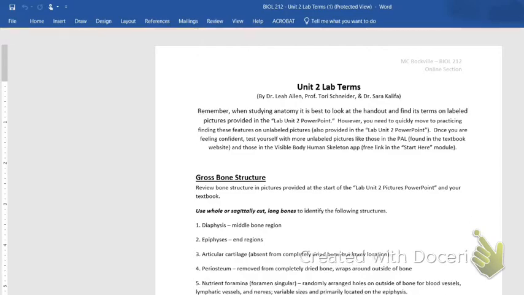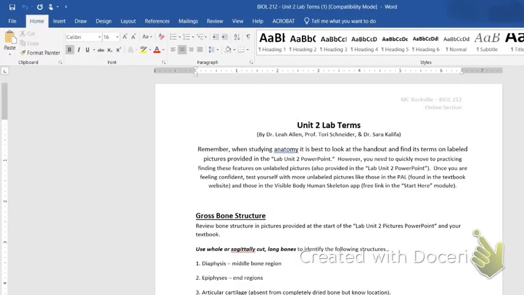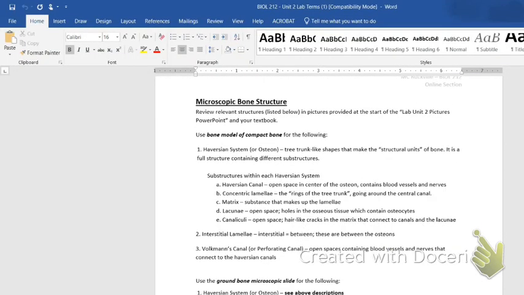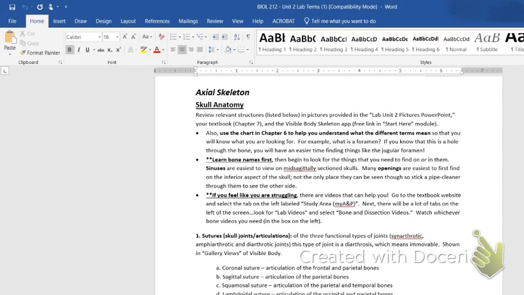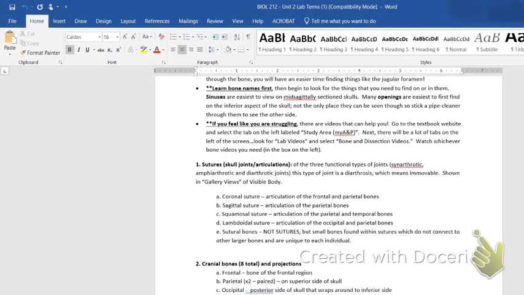And I am going to scan through here until I find stuff related to the skull. All right, now I'm seeing a heading for skull anatomy, so I've gotten to the right place. Going to scan down here.